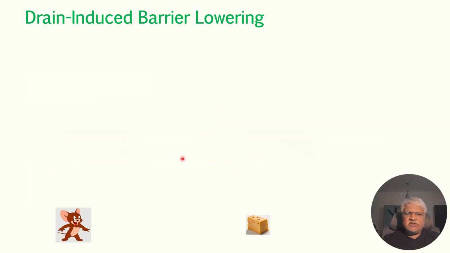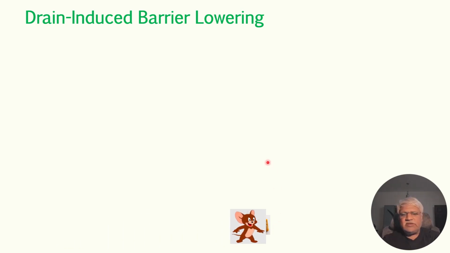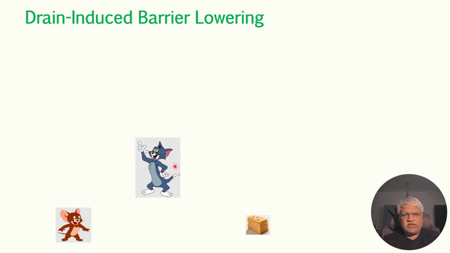Let me illustrate this drain induced barrier lowering phenomenon through a Mickey Mouse animation. Here the mouse is here and the cheese is here. If you observe, it can easily go and eat it. However, we will consider the next scenario. In this scenario, this is the gate.